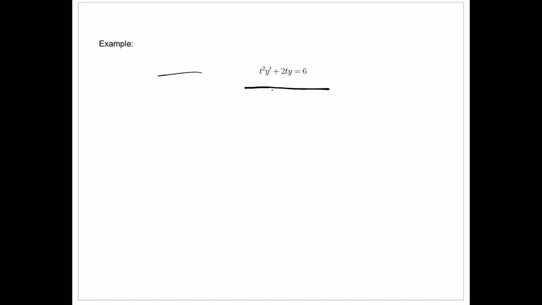Well, we're going to notice that this left side here is just the derivative with respect to t of the product t squared times y. That's just using the product rule: t squared y prime plus 2t times y.